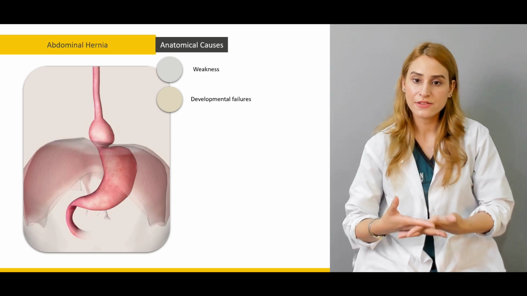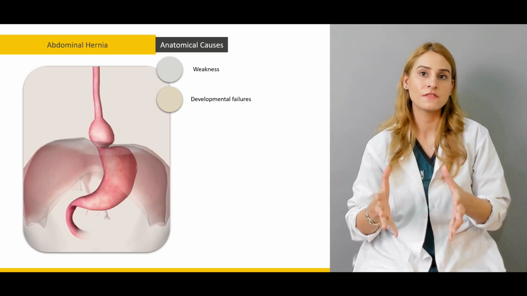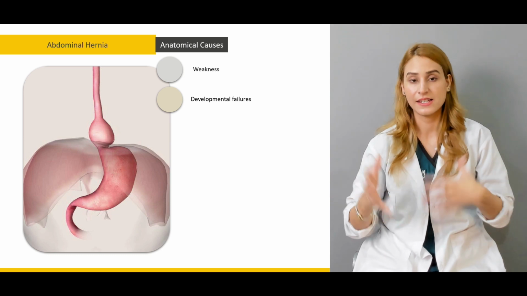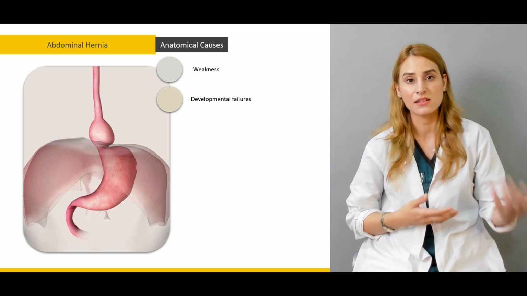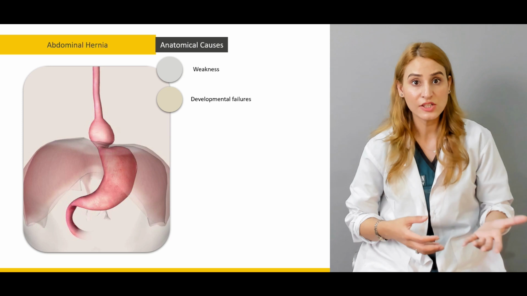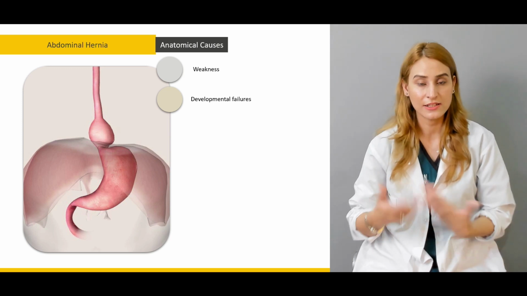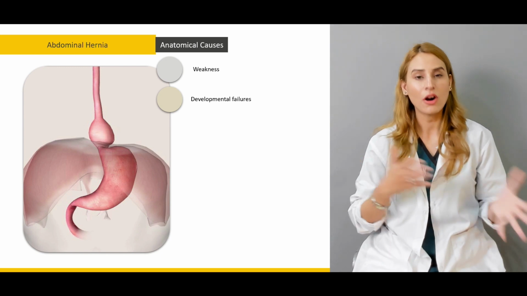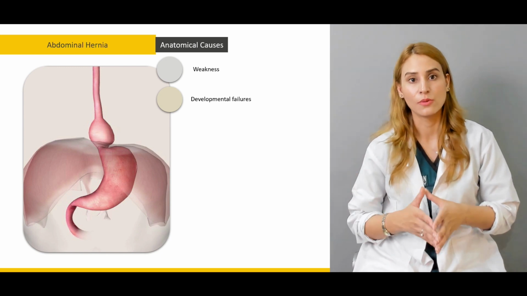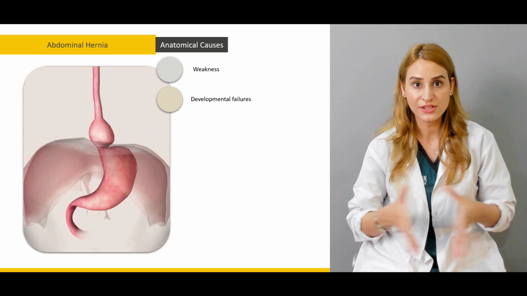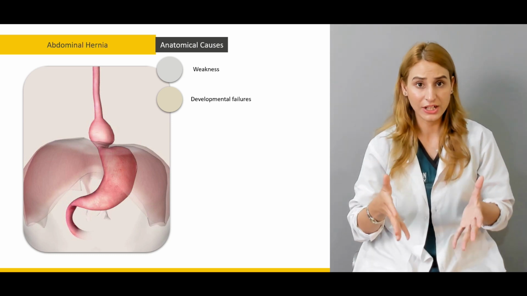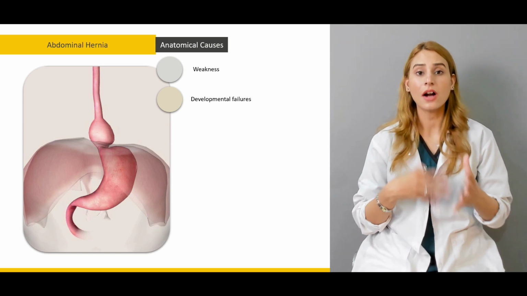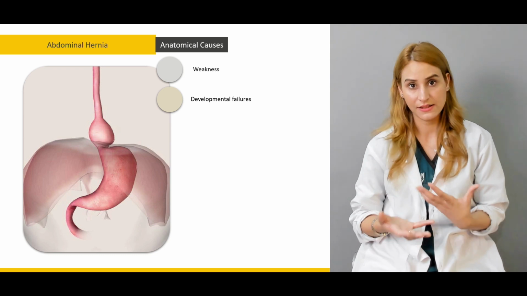In case of collagen diseases, obviously our skin has elasticity because of the collagen. The tensile strength is because of the collagen, and it's mostly type 4 collagen. But in conditions like Marfan syndrome or Alagille syndrome, in which there is collagen deficiency, there's a problem and a weakness in the wall.